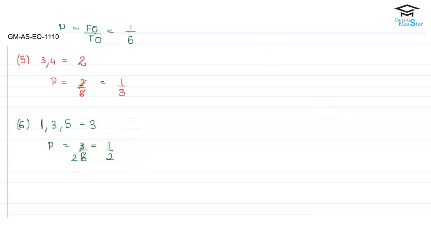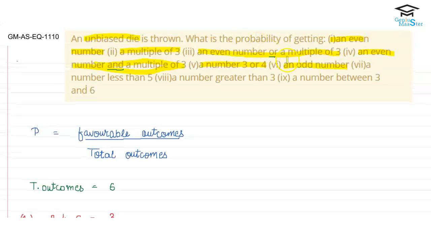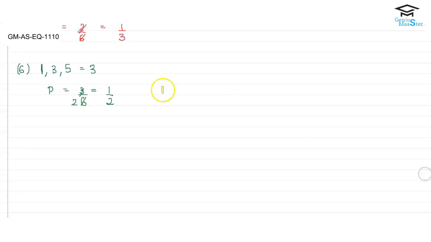Let's move to the 7th part of this question, which says a number that is less than 5. So what is the probability of getting a number which is less than 5? Let's see. So numbers which are less than 5 are 1, 2, 3, 4. So total favorable outcome is equal to 4. So probability would be equal to favorable outcomes upon total outcomes, that is 4 by 6, and when we cancel it, we get 2 by 3.